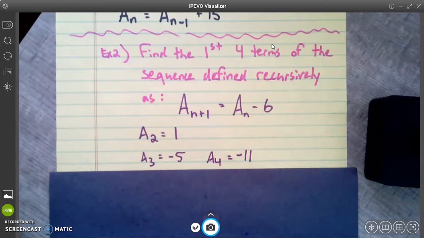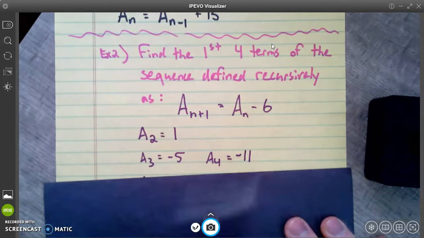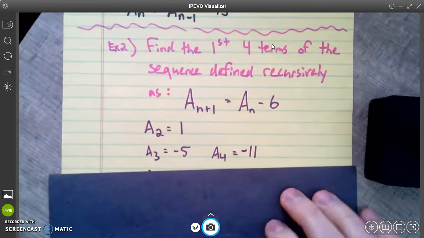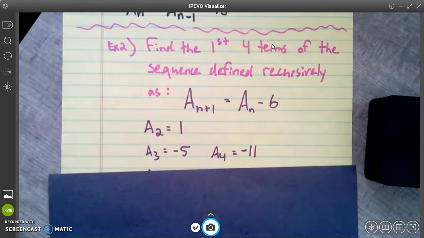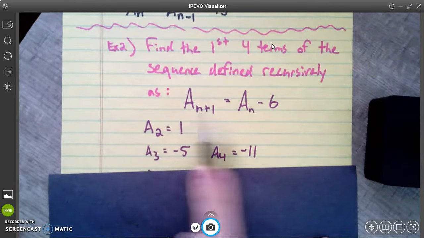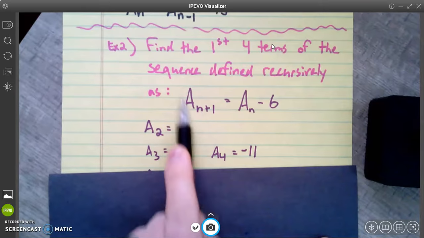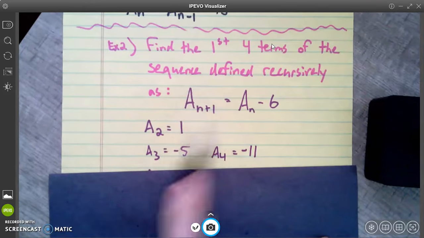Well, if I'm subtracting 6 each time, then to go backwards, if I have the second one and I want to go backwards, then we could just add 6 to it. You can also think of it too when these get a little bit more difficult, and normally if we weren't in remote education, I would hit these pretty hard because it's a good logic puzzle and a good way to expand your minds. But if I wanted to find the first term of the sequence, if I plugged in a 1 here, a sub 1, and a 1 here, this turns into a sub 2, which we have.